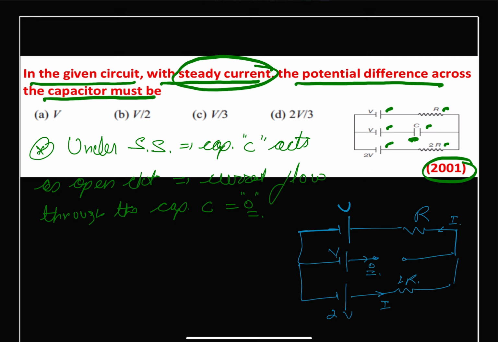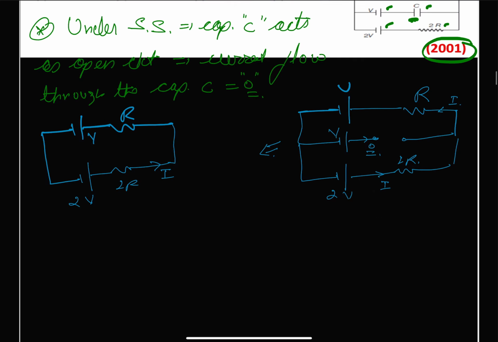And we can use the KVL, so we can just draw its equivalent circuit, and that equivalent circuit will be something like this. See our R, V, 2V and 2R, current flowing through here is our I. So we can use the KVL, or we can also use Ohm's law. Ohm's law is our net voltage divided by net resistance.